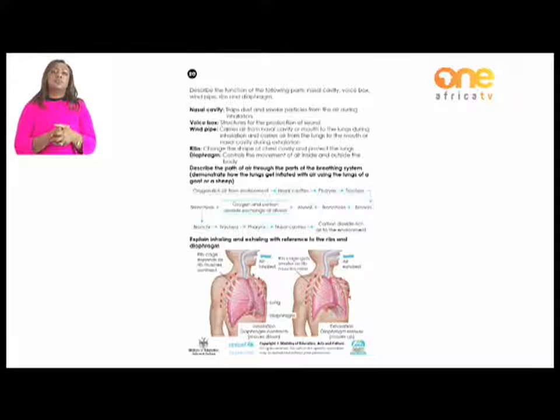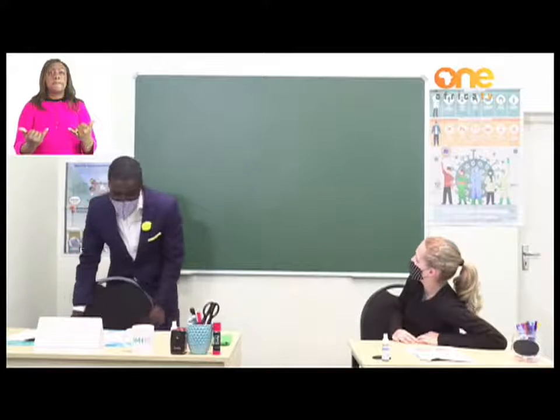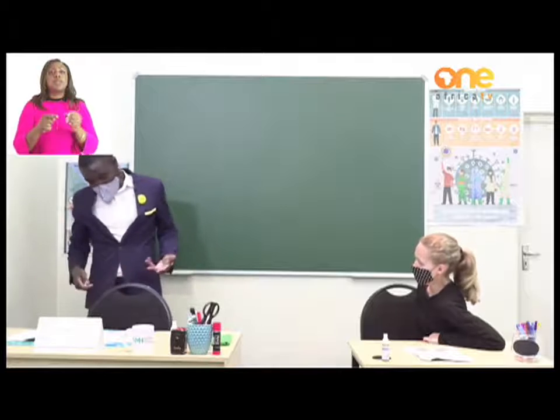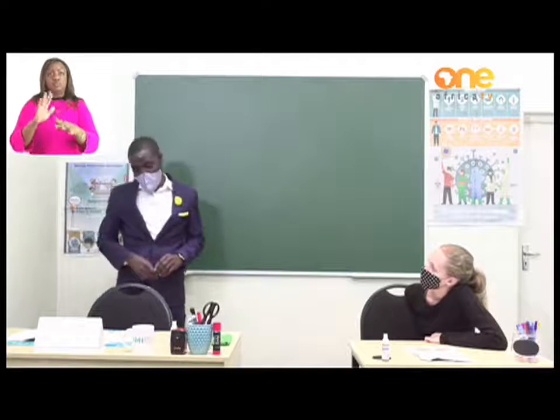Okay? We are continuing. We are going to have a little bit of a deeper explanation of the inhalation and exhalation process in reference to the ribs and the diaphragm. And I'm going to explain this a little bit on the board. So, we are going to explain inhaling and exhaling with reference to the ribs and the diaphragm.